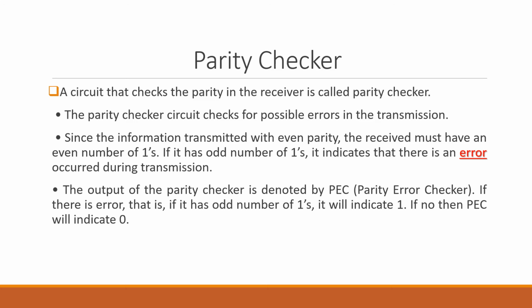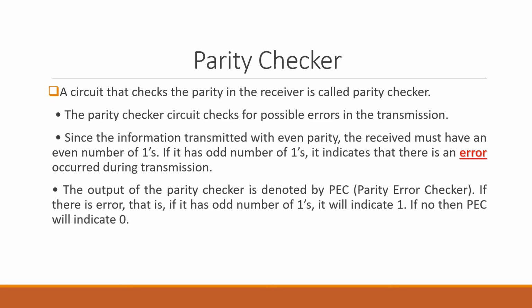Okay, let's see how about the odd parity. The output of the parity checker is denoted by PEC, which is the parity error checker. If there is an error, meaning it has an odd number of 1s, it will indicate 1.